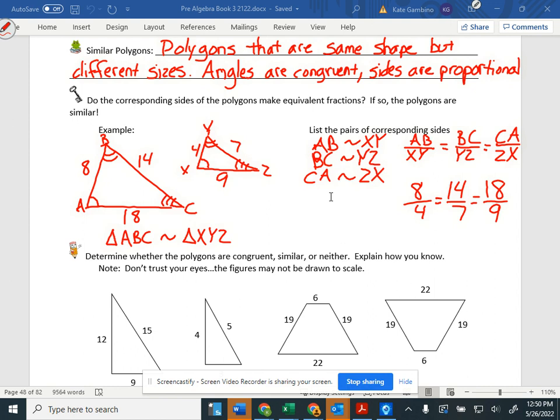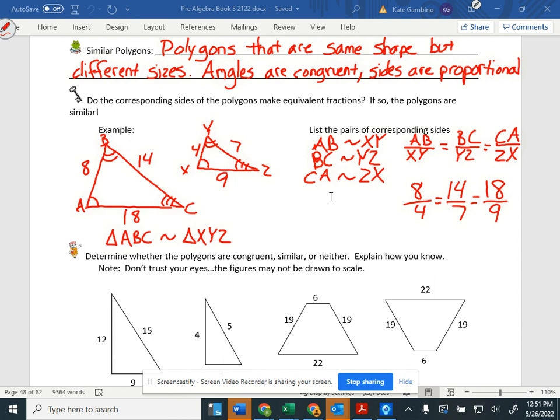Joseph? Because they're going to look exactly the same. They're going to be exactly the same. Okay, so if it's congruent, they are identical. That's the easy one. You need to figure out the similar and the neither. Are they proportionate? So when you put in your proportions, do they all equal each other, the proportions of each side?